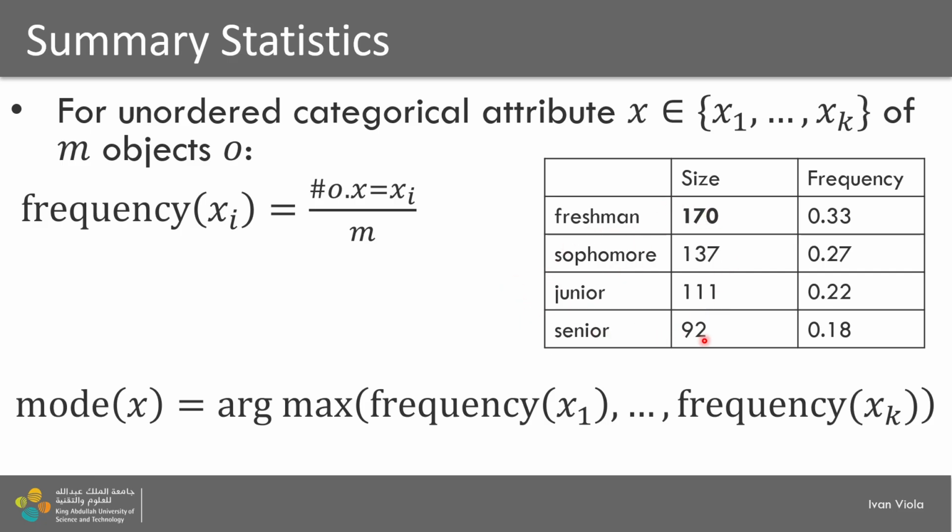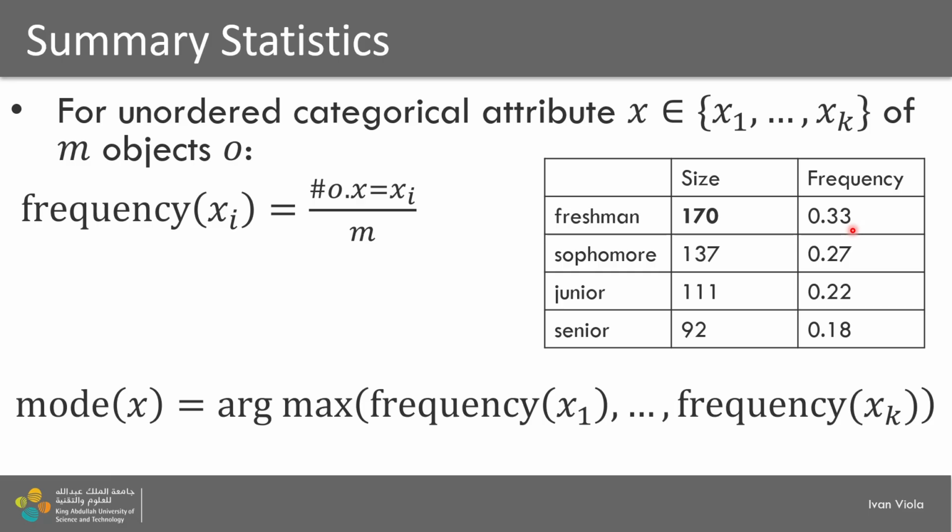If we have 510 students in total, the frequency can be defined as follows: 170 of them have the attribute freshman, let's say 1 in the case of the asymmetric attribute definition, and that amounts among 510 students to 0.33, so 33% if you like.